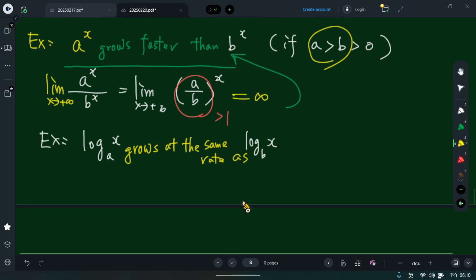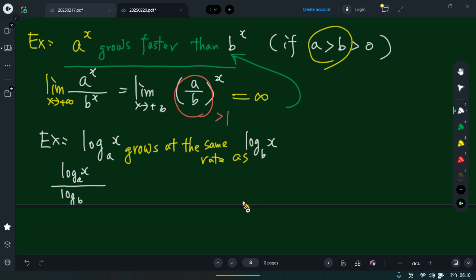So how can we prove it? Again, we try to use log base a of x over log base b of x, and then we try to calculate its limit, right? So see what will happen.